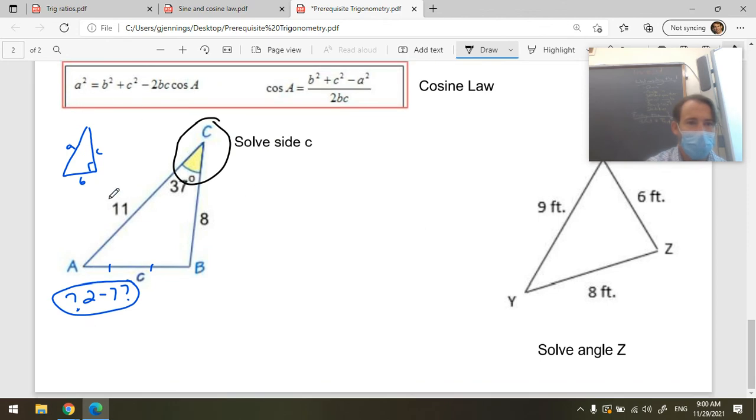the angle opposite to that is the one that I use over there. So here I have a squared is actually c squared. This might be a little confusing to set up, but you have to think through this every stage. You have to say, this is my side that's opposite the known angle. Here's my known angle over here.